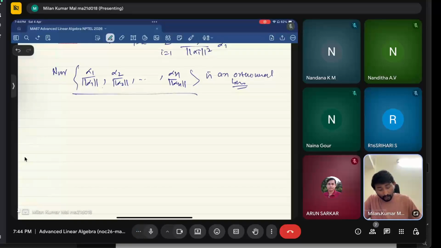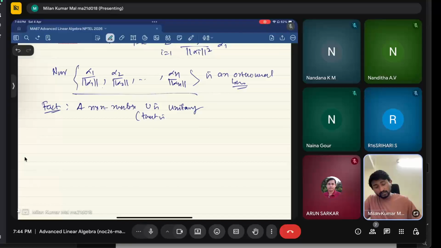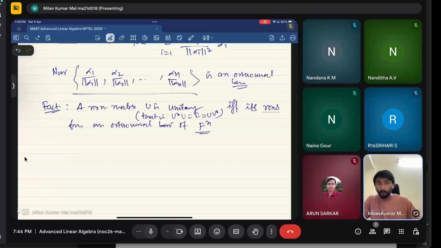One fact I am using here: an n by n matrix U is unitary, that is U star U equals identity equals U U star, if and only if its rows form an orthonormal basis of the field F^n of row vectors.